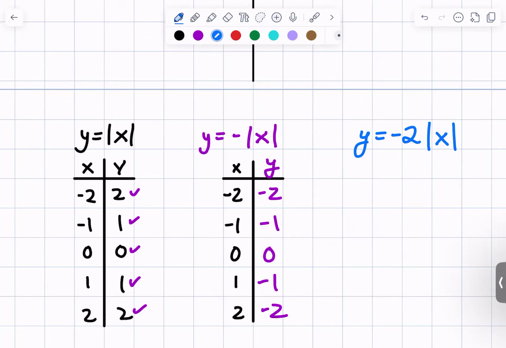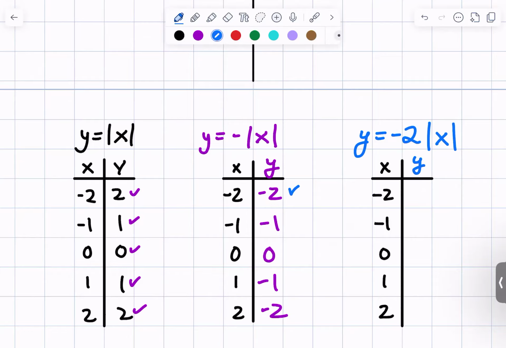Do I multiply my y's or my x's? My y value, right? So my y value changes. So copy, paste my x values, right? My y value is going to be multiplied by 2.